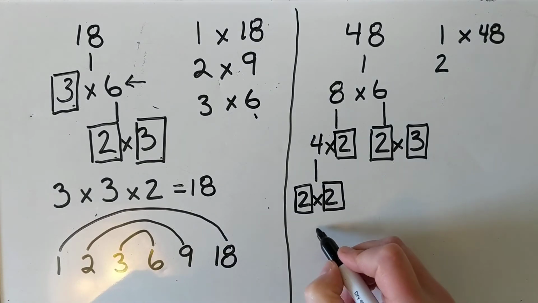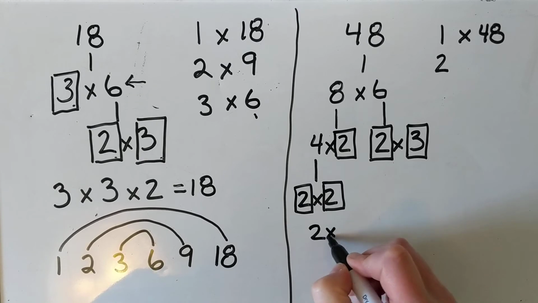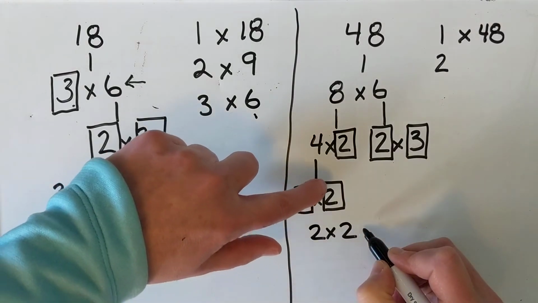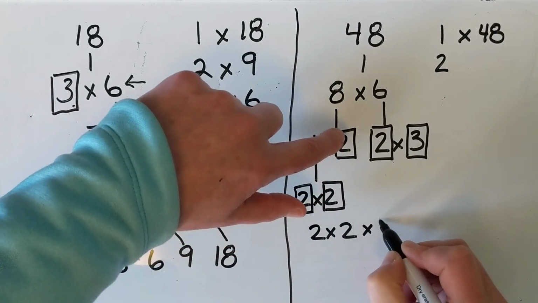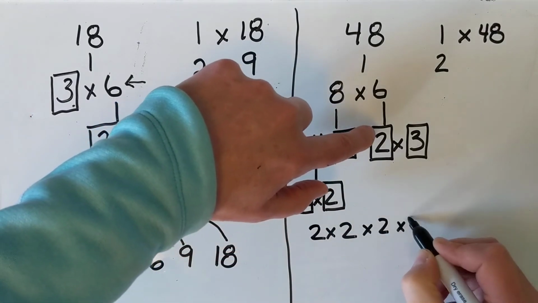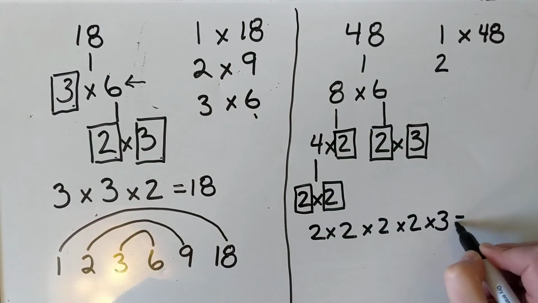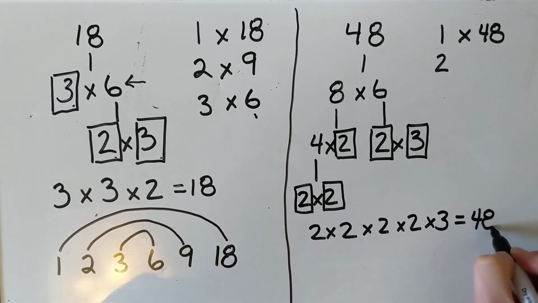So I know the prime factorization for 48 is 2 times 2 times 2 times 2 times 3. That is equal to 48. And now I can figure out all my factors that connect to that.